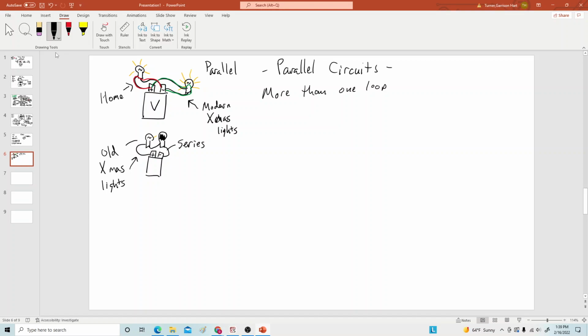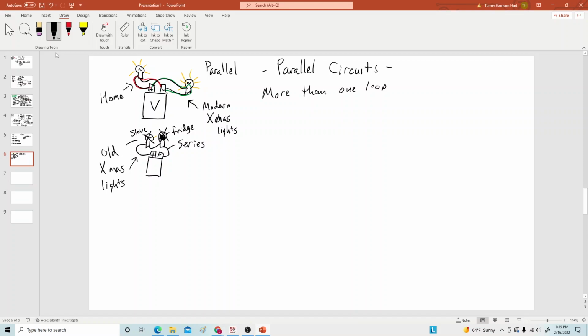And this is so that if instead of light bulbs, I have appliances like a fridge and a stove, if your stove shorted out and quit working, then if things were connected in series with your breaker box, your fridge would go out too, and your food would get spoiled very quickly.